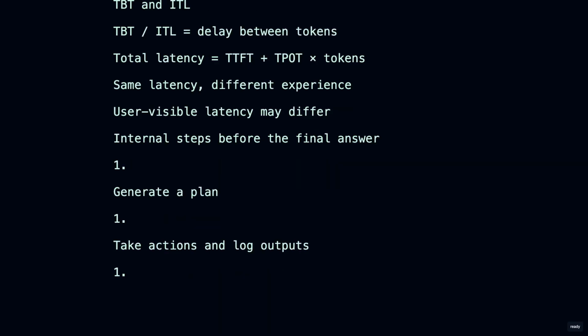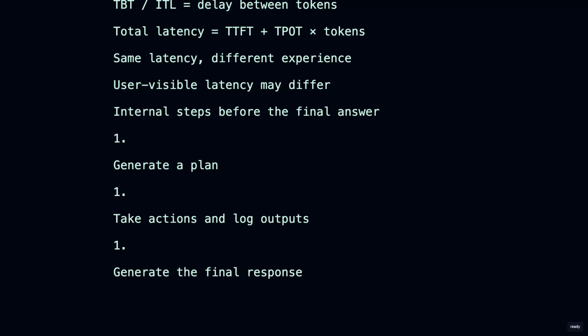Finally, the model writes the answer that will actually be shown. That is the point where user visible latency really starts to matter. This is the first output the user can see.